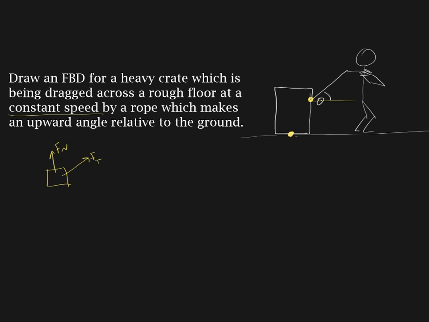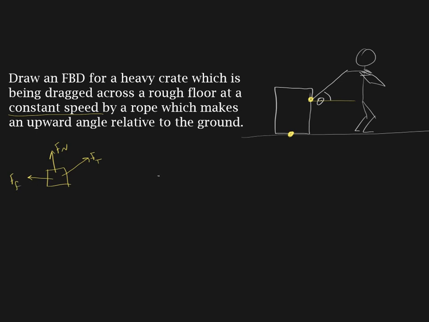So, for example, if this crate was so heavy and the floor was so rough that this person could not make the crate move, then the friction force would still exist because the tension force is pulling towards the right and it's pulling up. But in this case, it is moving, and so the friction force exists as a result of the slide. So friction is going to point in that direction.